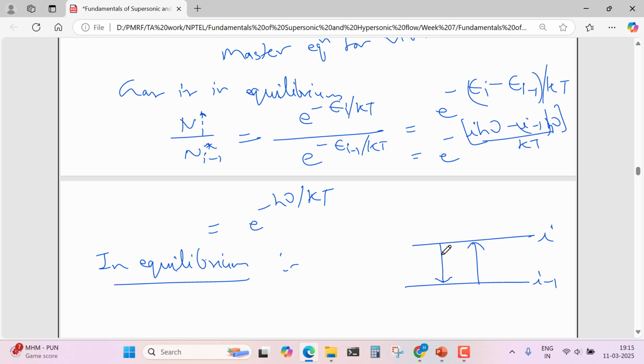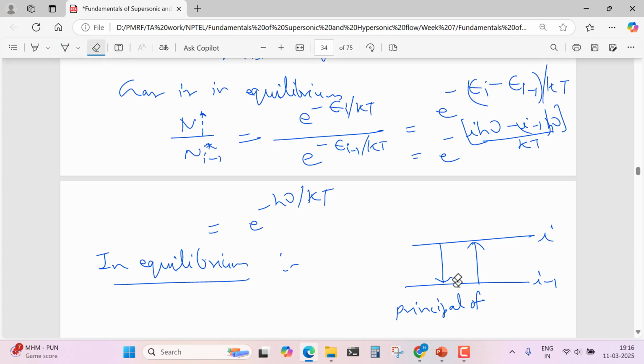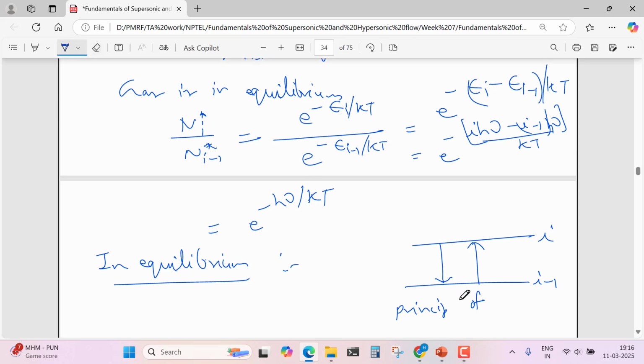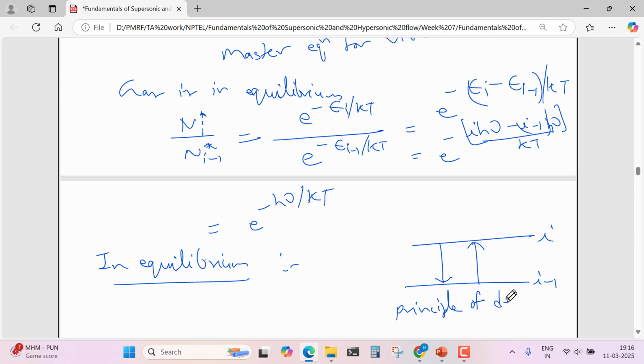So whatever transitions happen, they should counterbalance each other. Only then there will be vibrational equilibrium. So this principle is called the principle of detailed balancing.